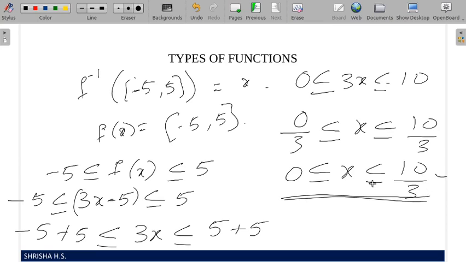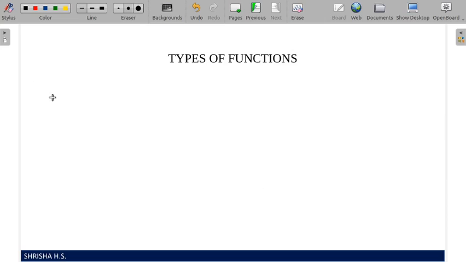So let's go to the next one. We have minus 3x plus 1. f of x is between minus 5 and 5.